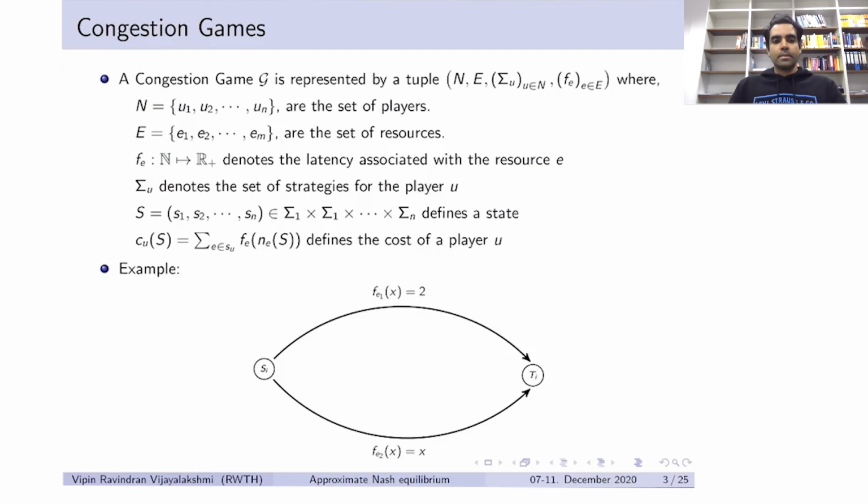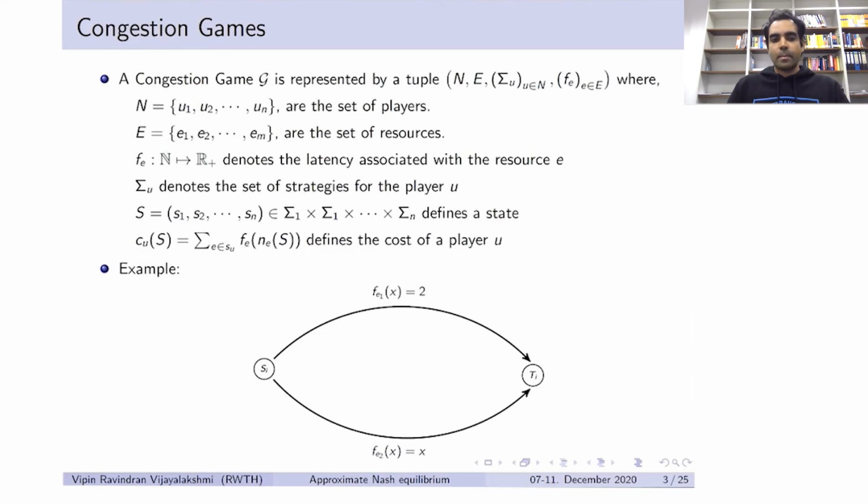So let's get started. A congestion game basically consists of a set of n players, u1 through un, and a bunch of resources, e1 through em. Each of these resources has a non-decreasing latency function, or a cost function, associated with it, and these cost functions are usually dependent on the number of users on that resource.